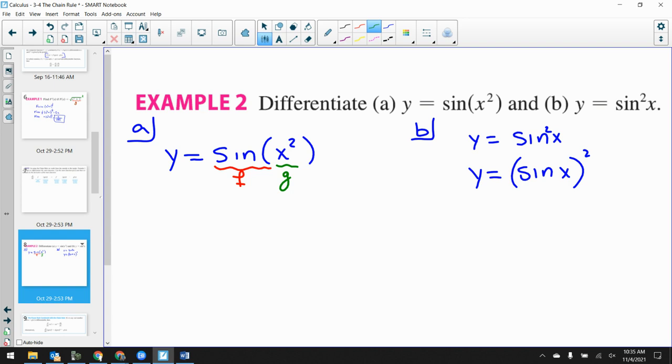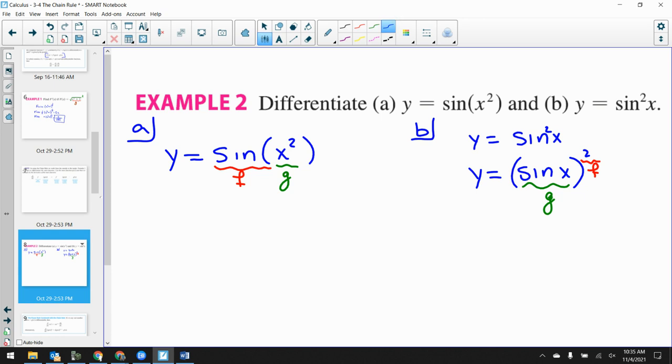In part B, my f is now the squared, and my g would then be the sine. I'm doing it in two different orders.